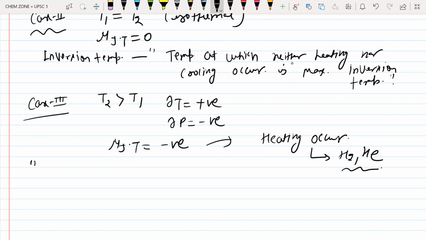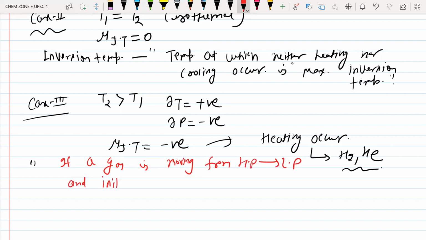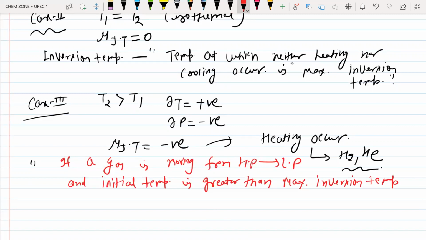See, this is the important point. If a gas is moving from high pressure region to low pressure region, and its initial temperature is greater than maximum inversion temperature, increase in temperature occurs.